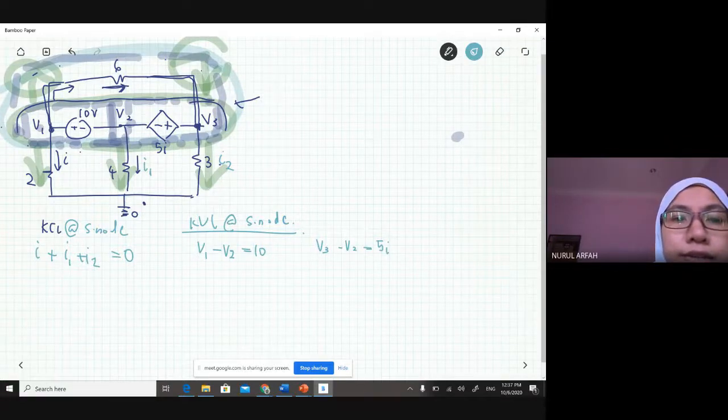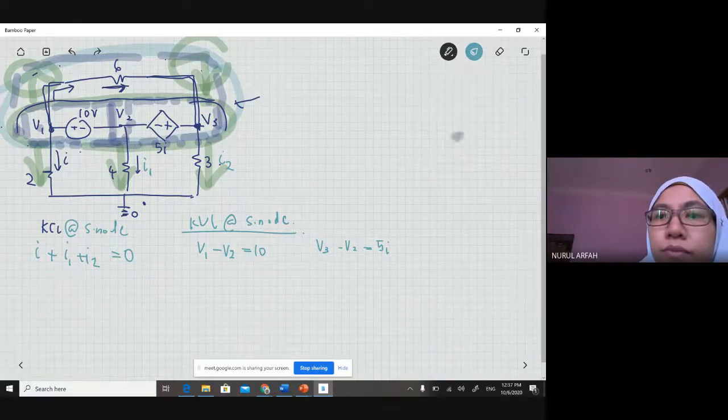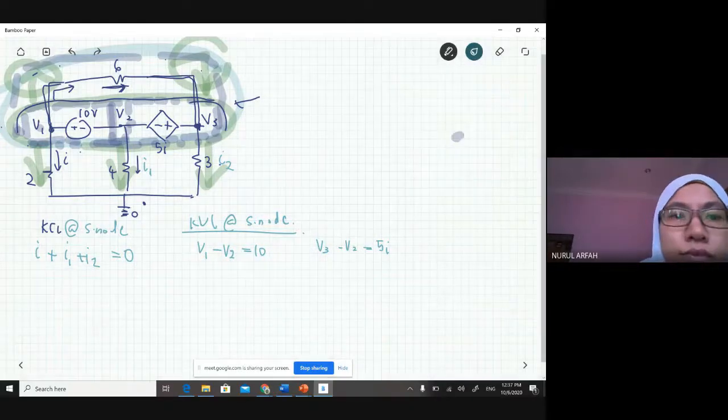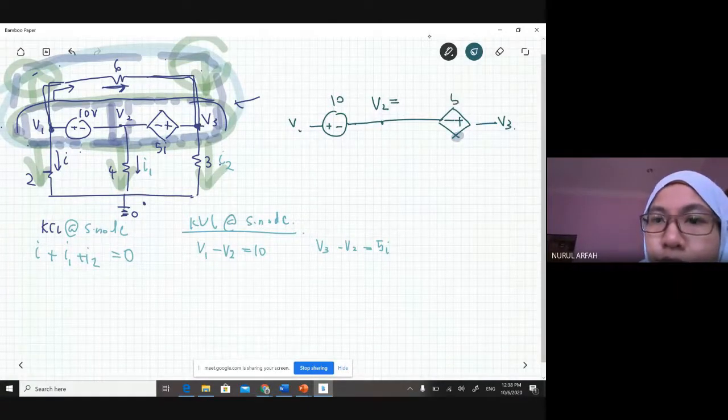And if you put, I change the color, this value, this is V1, this is 10, and this is V2, and on the other side negative, plus here, this is V3, and this is 5i.